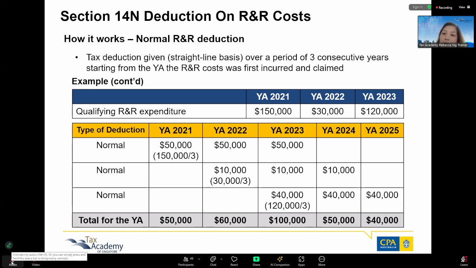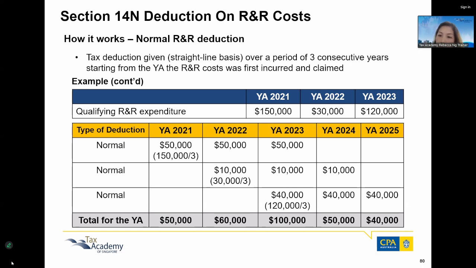I have a question in the chat. Can't YA 2022 be the first year if it is not claimed in YA 2021?